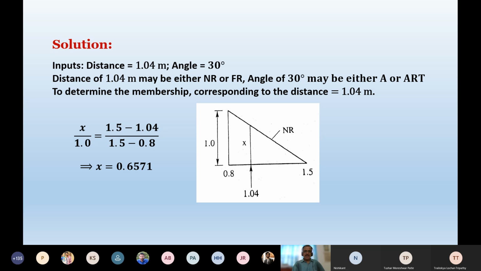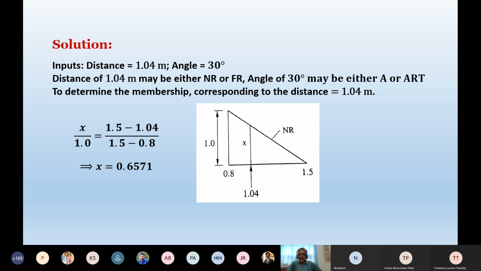The moment I pass 1.04, I am going to determine what is x. This particular triangle and your bigger triangle are similar triangles, so use the principle of similar triangles. Very simple. So x divided by 1.0 is nothing but 1.5 minus 1.04, divided by 1.5 minus 0.8. You can find out very easily what is x.